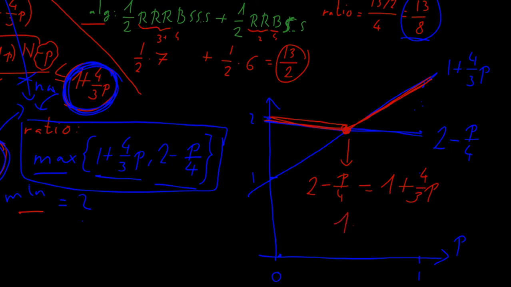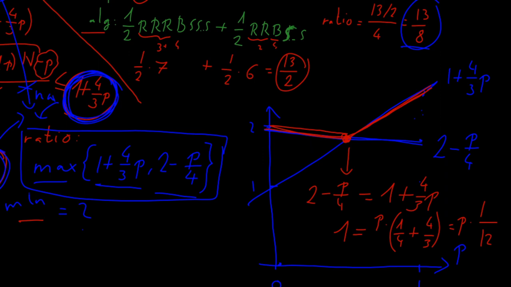Adding P over 4, it's P times 1/4 plus 4/3, which is P times something divided by 12, so 3 plus 16, it's 19 divided by 12.